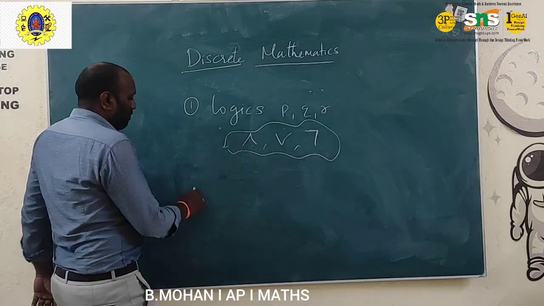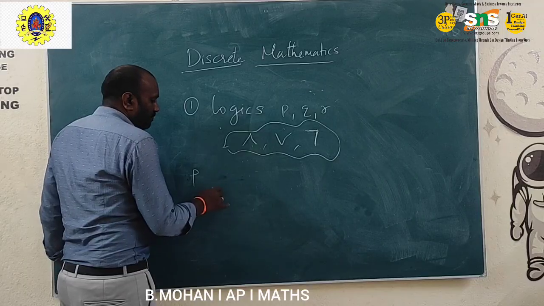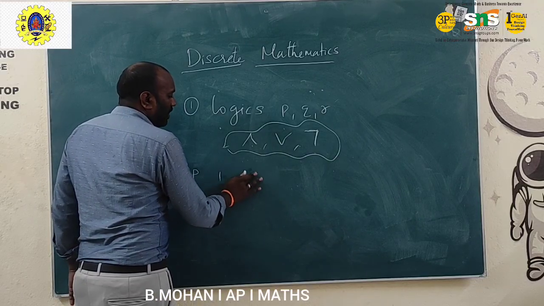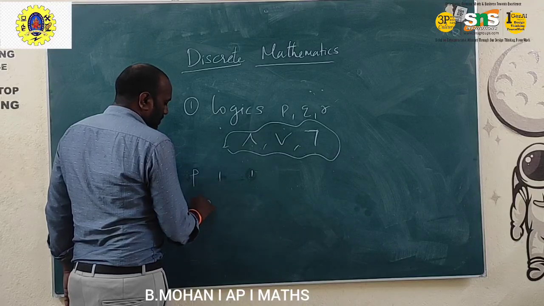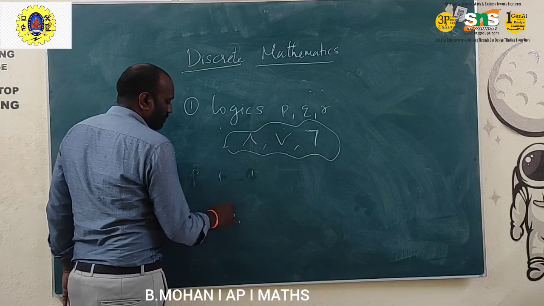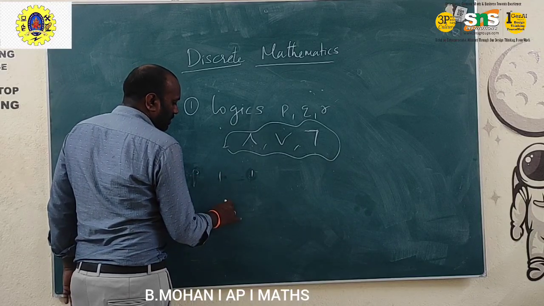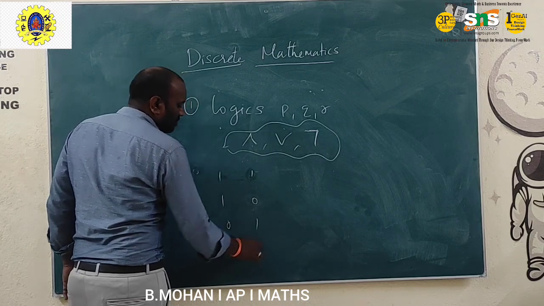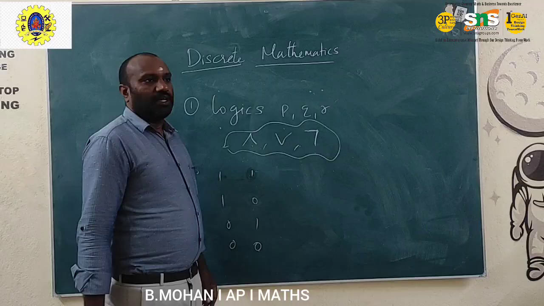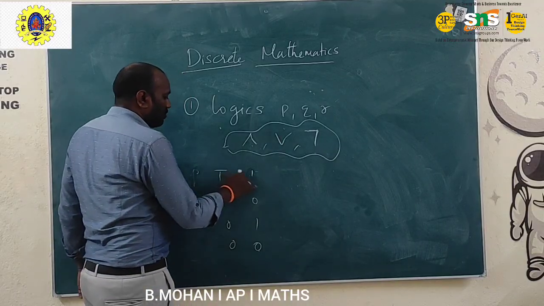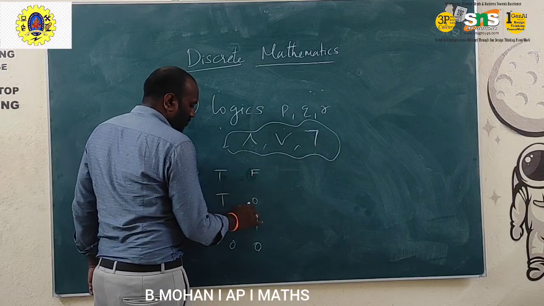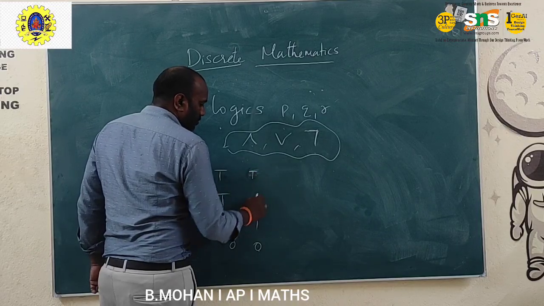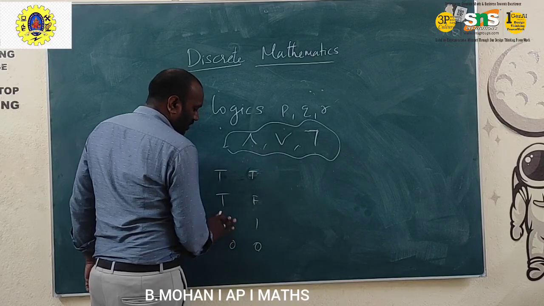For example, P uses 1, 0, 0, 1, or otherwise true, false, false, true.